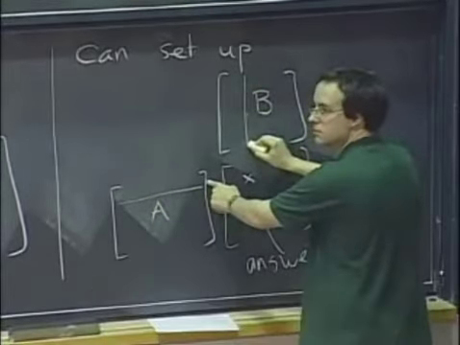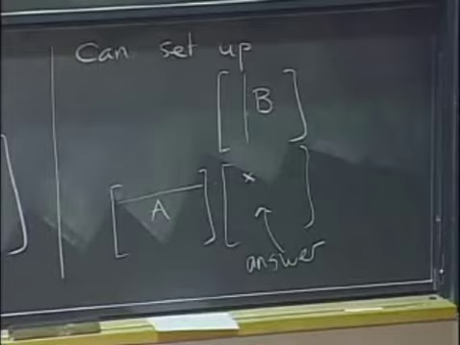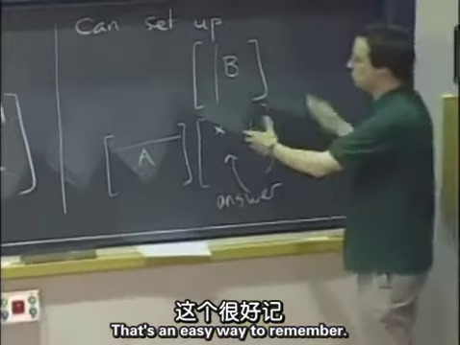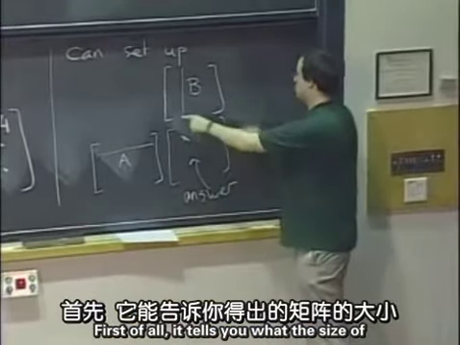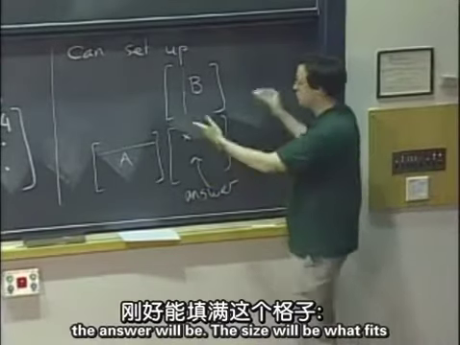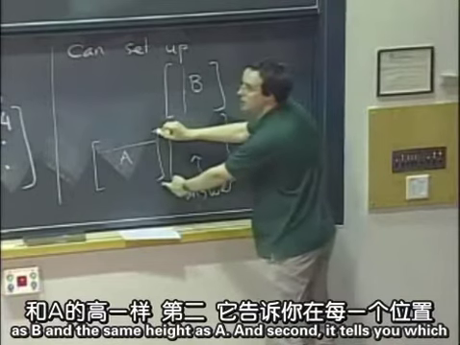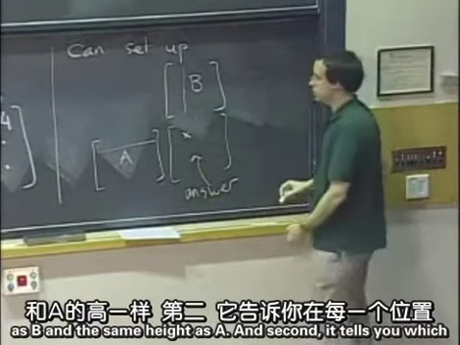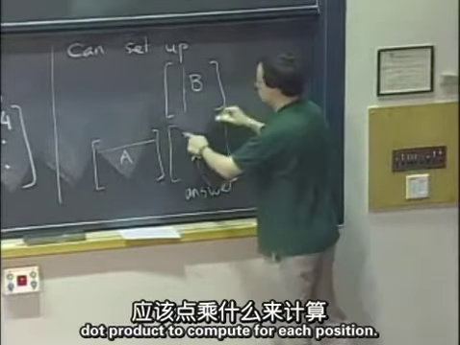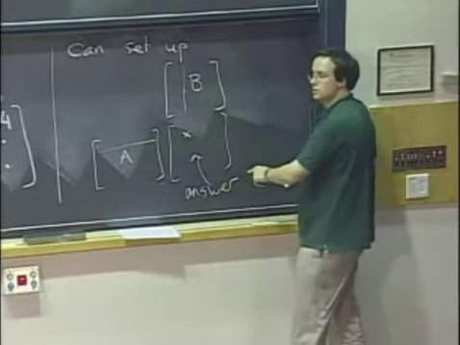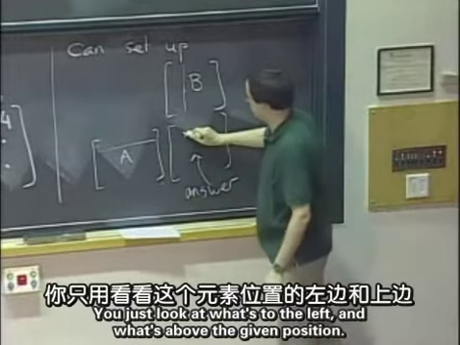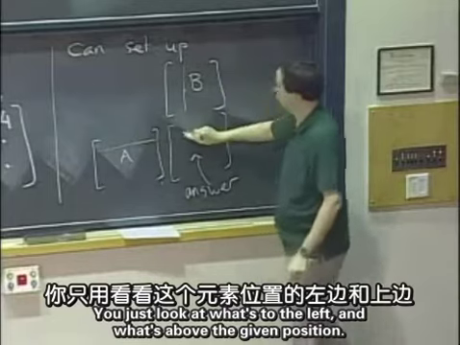That's an easy way to remember, first of all, what the size of the answer will be. What fits nicely in this box should have the same width as B and the same height as A. And second, it tells you which dot product to compute for each position. You just look at what's to the left and what's above the given position.